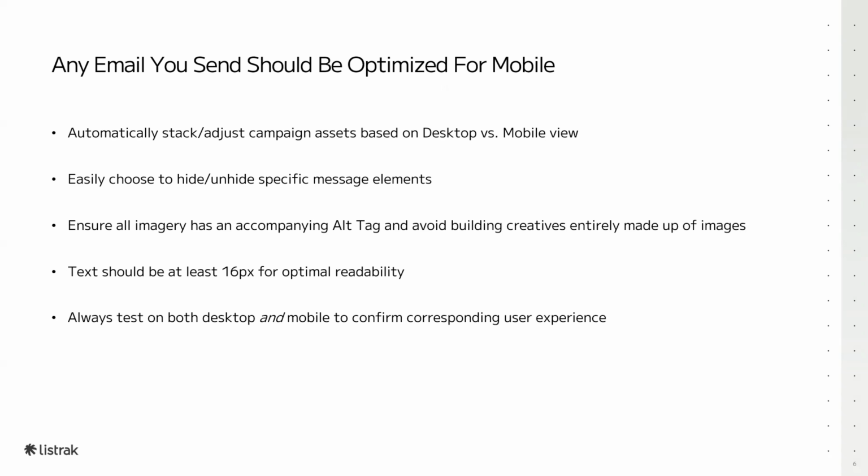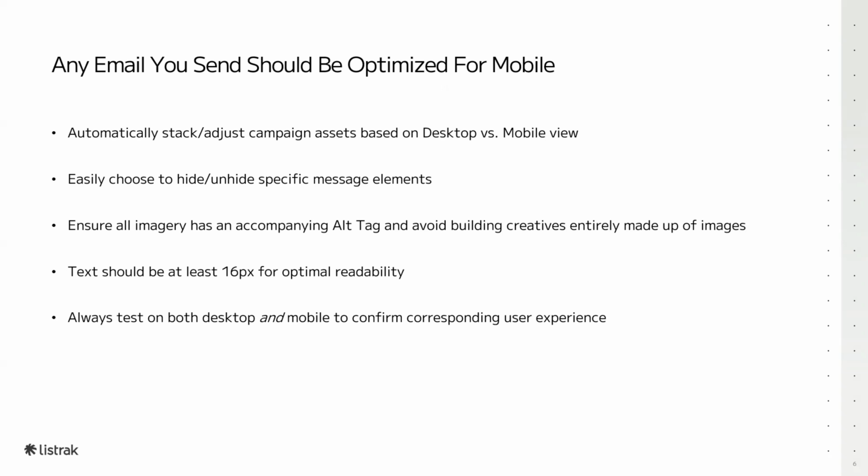Bouncing off of that, you really should leverage live text whenever you can. And when you're doing this, you want to make sure that your text is at least 16 pixels for optimal readability. The smaller it is, especially on a phone, it's going to be incredibly difficult to read. So we aim for 16 pixels for your body copy, larger for headlines.